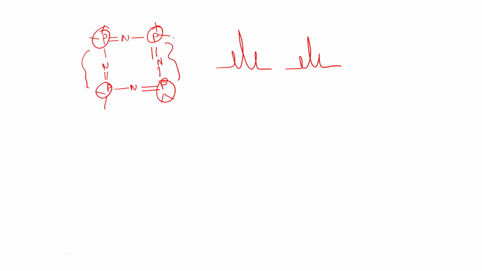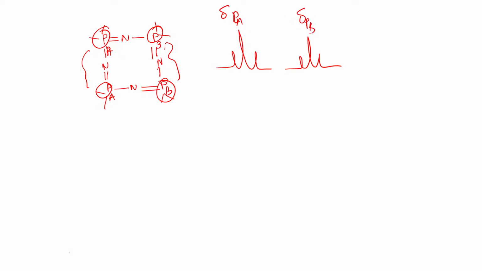So if I say this is PB, and if I mark this one as PA, this is for PA and this is for PB.